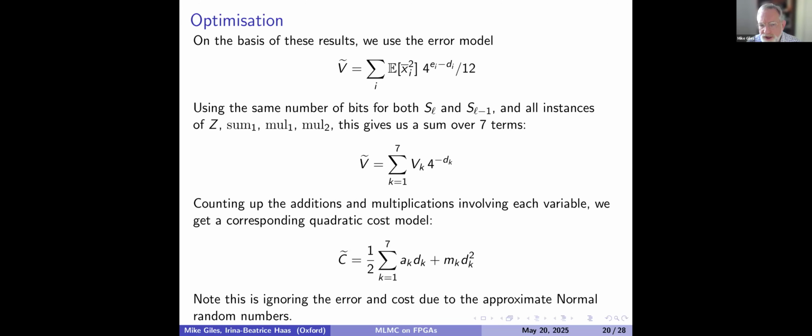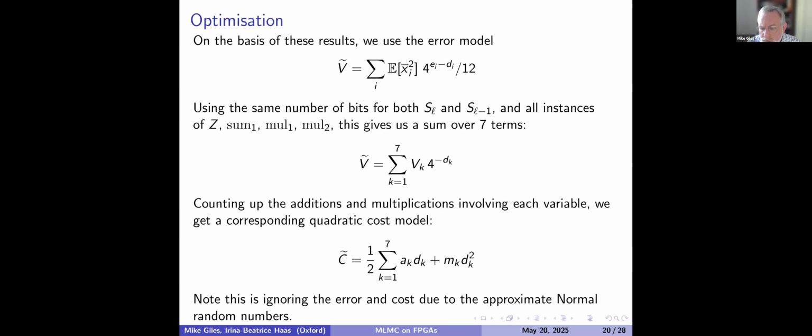Then we count up all the additions and multiplications which each variable is involved with. And what that gives us is a quadratic cost model. So dk, being the number of bits we're using for a variable k, the quadratic bit comes from the multiplications, the linear bit comes from the additions.